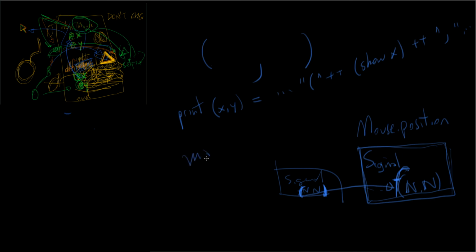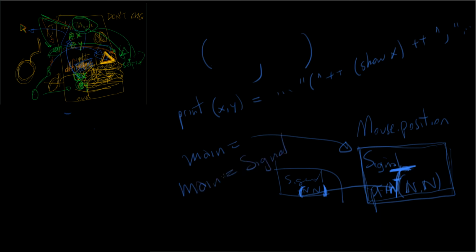So I can say that my program main will be this, except that print instead of f. Print. So that's my function main. Because why? Because main takes a signal.